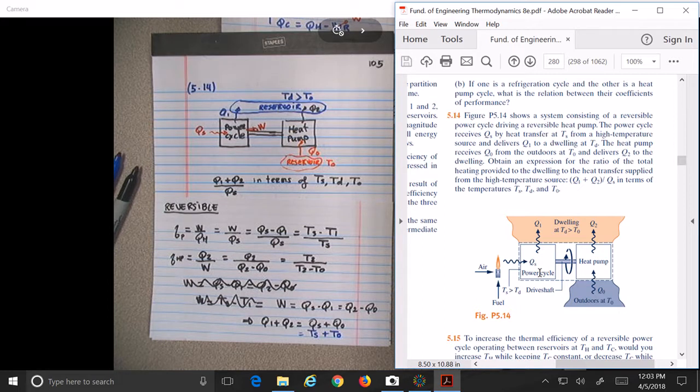QS plus Q naught. And then, oh, QS. What is QS? QS is not T2. QS will be TS in this case.